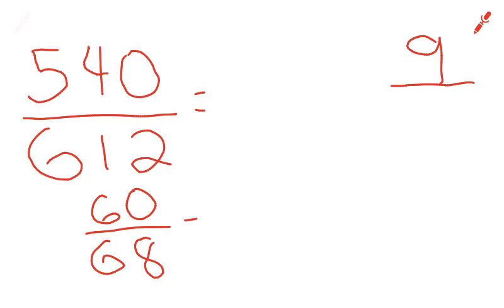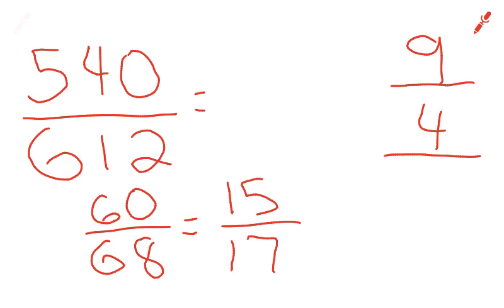Then that can be reduced also. 60 and 68 are divisible by, I know 2 goes into both, but there's going to be a higher number that goes into both, and you always want to use the highest number you can think of. 4 goes into both. 4 goes into 60, and 4 goes into 68. So 4 is going to be our answer there. 4 goes into 60 15 times. 4 goes into 68 17 times. And now we have our reduced answer of 15 over 17.